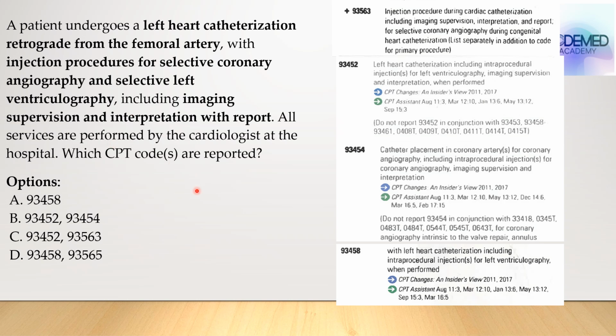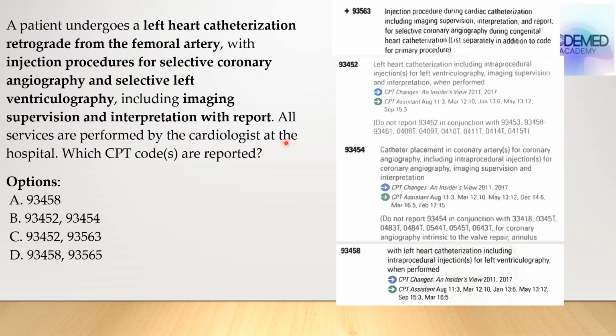The question is more or less the same except the options are different. A patient undergoes left heart catheterization retrograde from the femoral artery with an injection procedure for selective coronary angiography and selective left ventriculography, including imaging, supervision, and interpretation with report. All the services are performed by the cardiologist at the hospital.